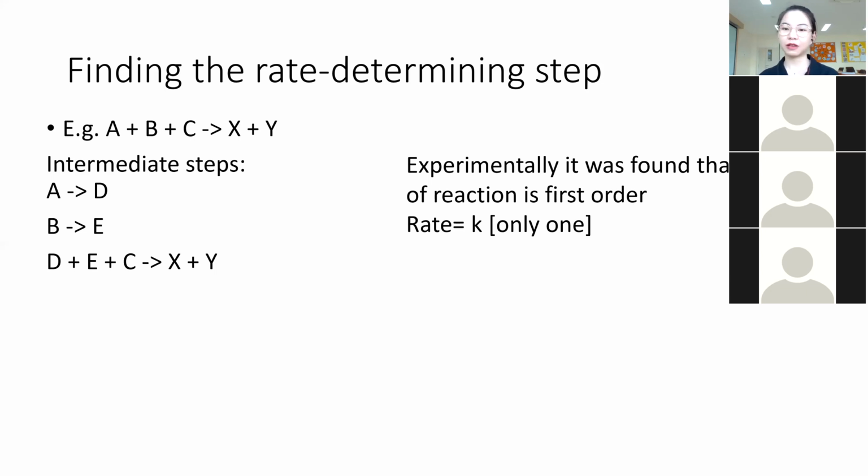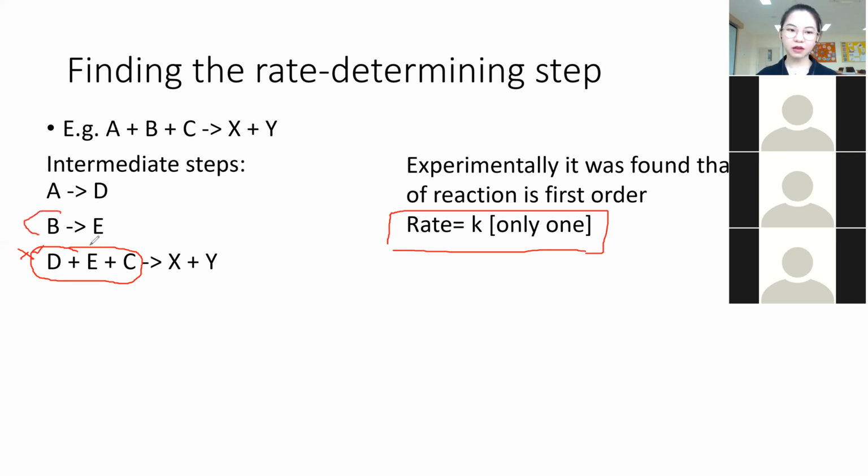Maybe I know the value of k, and by the units of k, I can find out that the rate expression is only first order, meaning that only one species affects the rate. Using this information, I can do some detective work and find out which is the rate determining step. It can't be this one, because in this reaction alone, there are already 3 species.